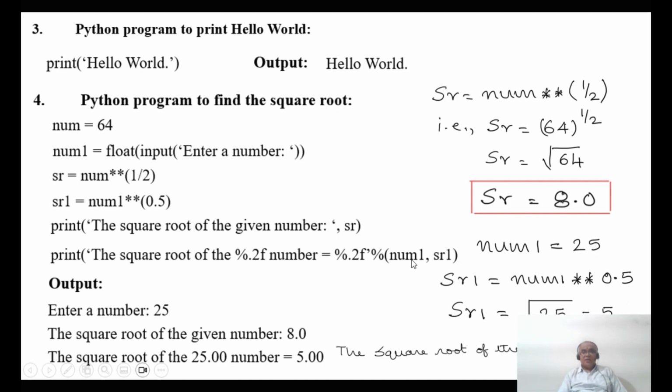That is num1, the variable name. This num1 will come here, so that will be 25.00. What is the square root of 25? It is 5. Here SR1 I need to print, so SR1 will be 5.00. So this is how you will be able to analyze the problem in Python.